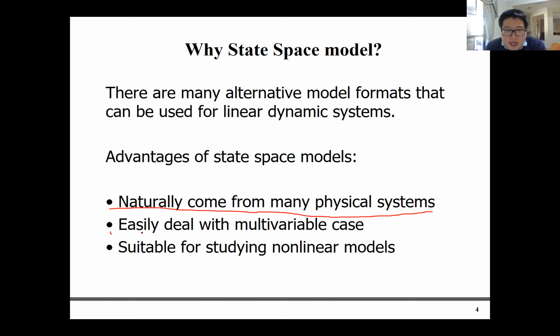Then the second one is that it's easy to deal with the multi-variable case. I'm also going to show you about this advantage a little bit later in this lecture. It is easy to deal with the multi-variable case, which means your state x can be a scalar and can also be a vector, and the vector can include multiple variables.